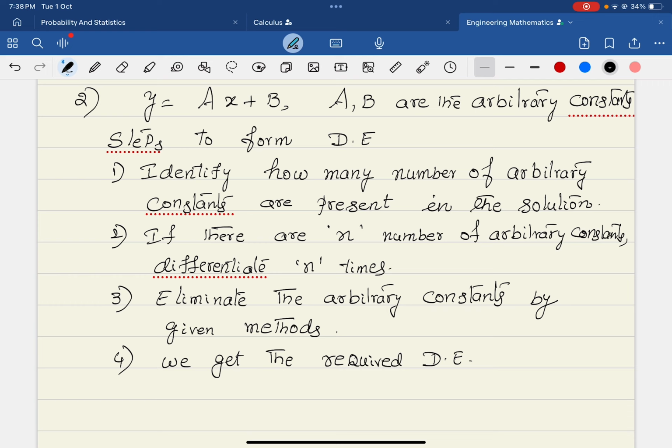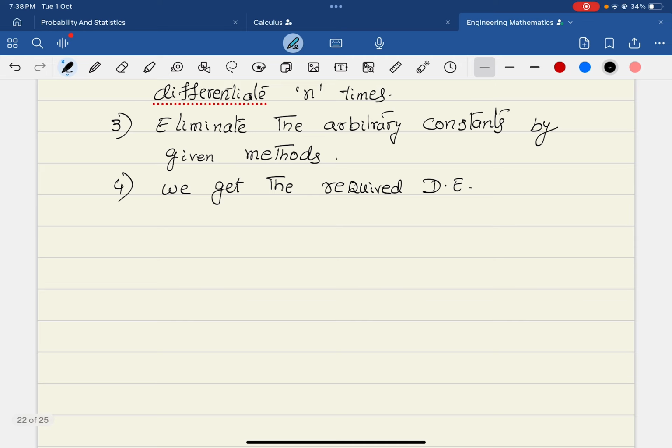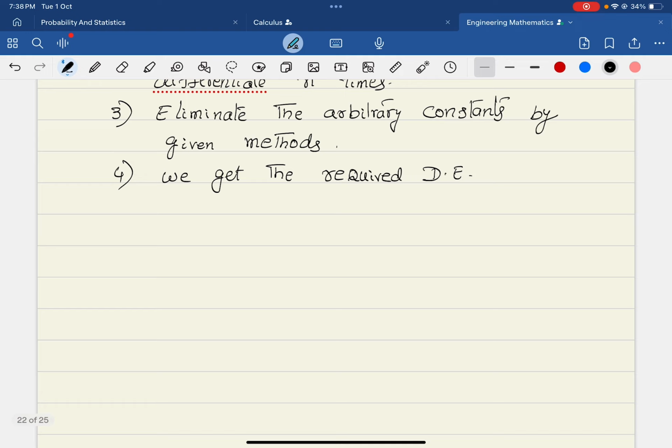That is the formation of the differential equation. Now I will tell you the methods. First we will solve the equation by using the first method, method 1, to form the differential equation.